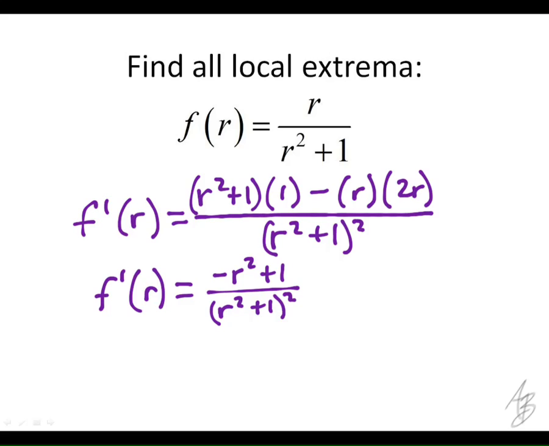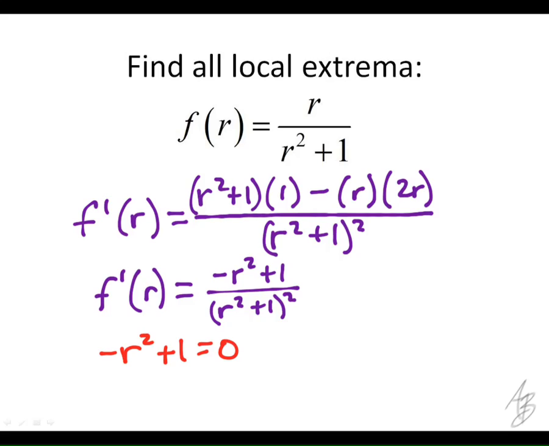All right, so to find critical points here, what are we going to set equal to 0? Yeah, really just the numerator, right? So if we want to set the derivative equal to 0, then that's going to be when the numerator equals 0. So we do need to set the numerator equal to 0. So we'll say negative r squared plus 1 equals 0.